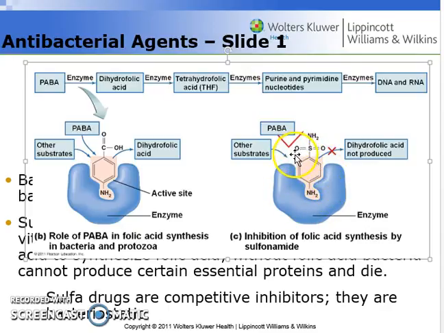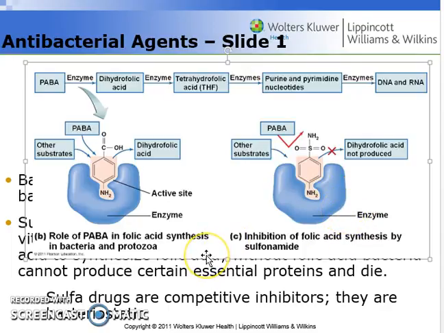And so you see that we have a new chemical structure, which is oxygen double bound to sulfur double bound to another oxygen bound to an amino group. And so this blocks this PABA protein from binding to this enzyme, and in doing so it blocks the formation of folic acid.